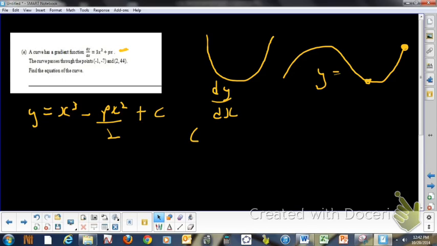We just plug in some point, and it doesn't matter what point you put in. You could put in 2 and 44, but I'm going to use -1 and -7. The problem is that you'll see right away that once you do this, you end up having a bit of an issue, because if I put that point into this particular equation and try to find what it is, I end up getting this.